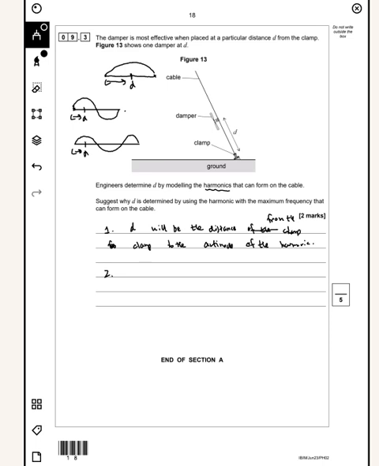Why are we using the harmonic with the maximum frequency that can form on the cable? Because then we can find the shortest distance. We need to find a place where the shortest distance possible is where the first antinode comes, and that would be the maximum frequency.